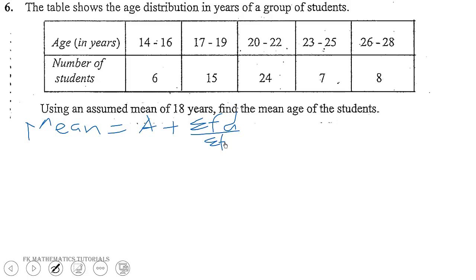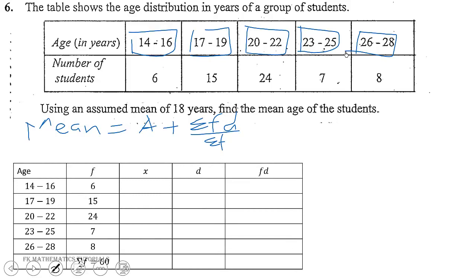Now, because we're given intervals, what we're going to do is select the midpoint of the intervals to represent the ages in years. So that will quickly form a table for us like this. We have the age, the frequency, the x will be the midpoint. So the midpoint from 14 to 16 is 15.